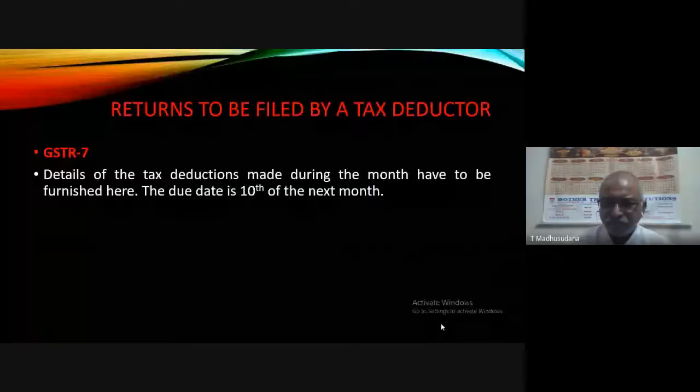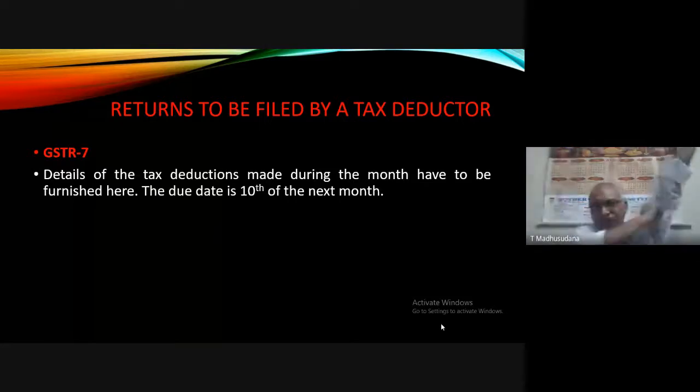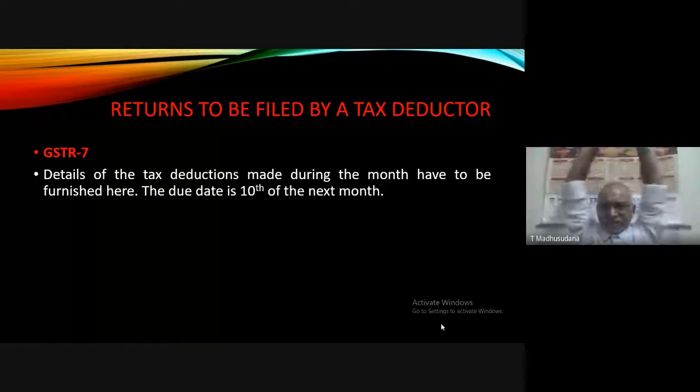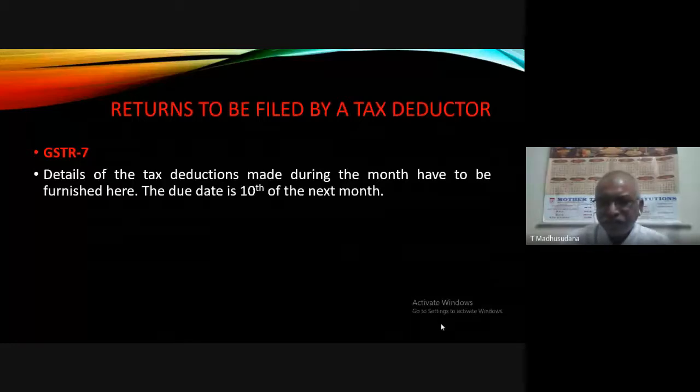The due date is the 10th of the next month. So the tax deductor should also submit monthly returns. In GSTR 7, what were the various tax deductions made by the tax deductor during a particular month? The due date for filing GSTR 7 is the 10th of the next month.